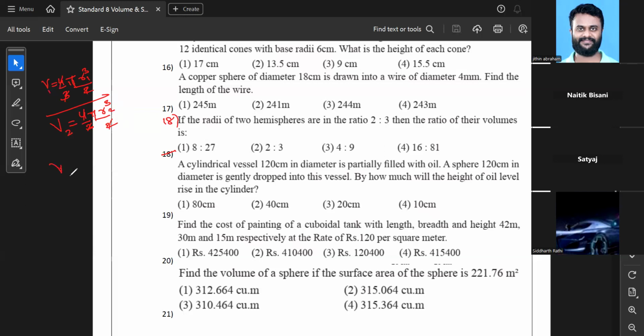In the ratio you are left with only the variables, like in this case R1 upon R2 cube. Either you can write it as R1 cube upon R2 cube, or as R1 upon R2 the whole cube. Whichever way you write, you'll get the same answer.